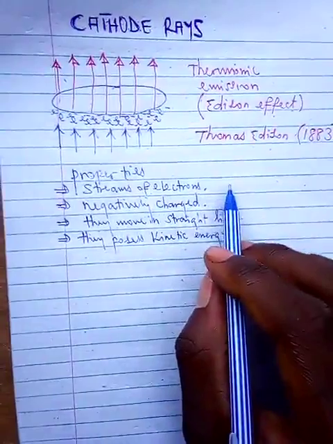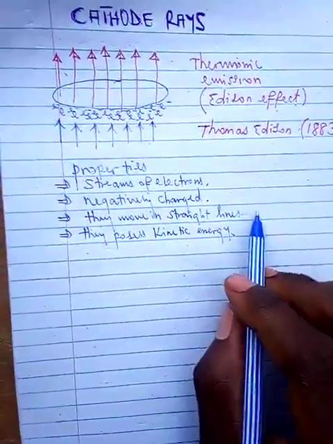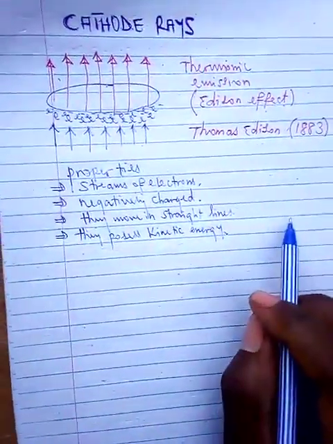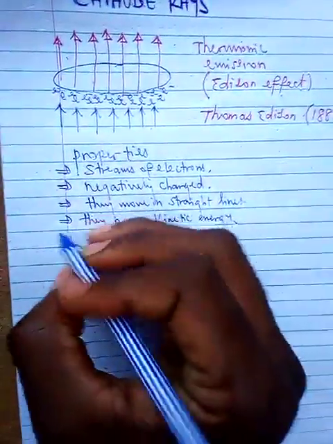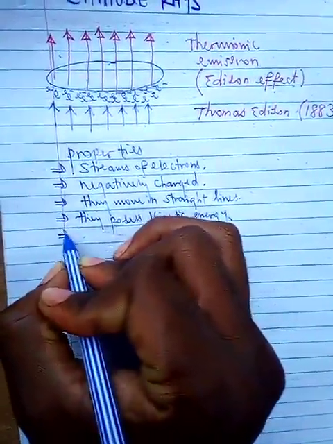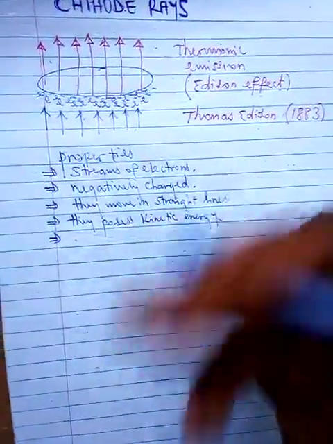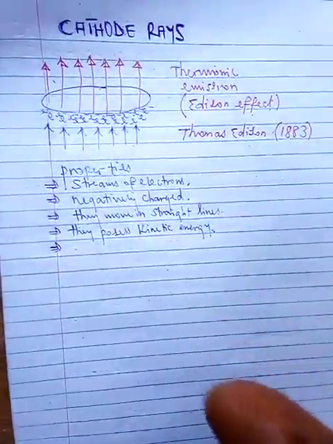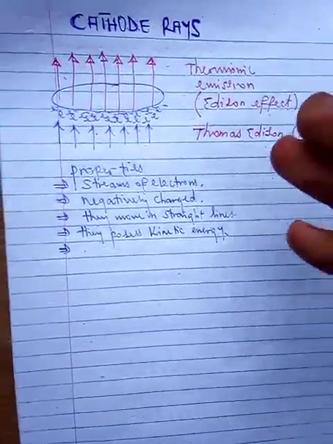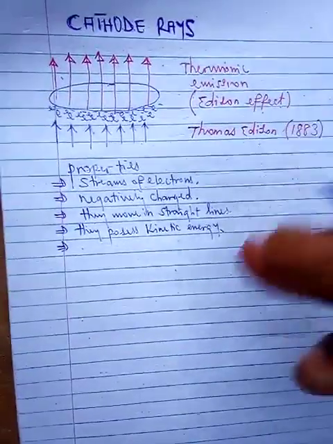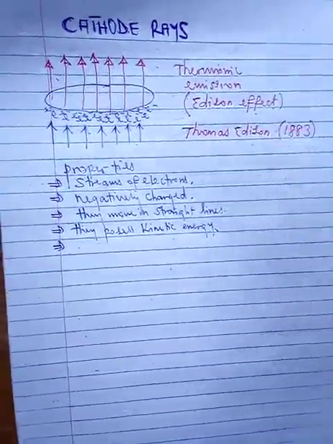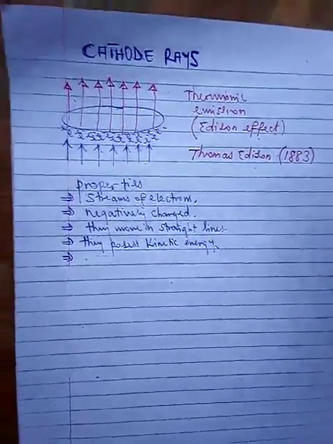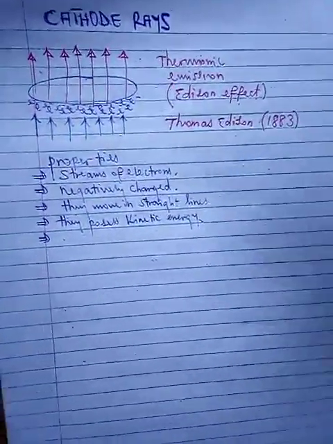So they're streams of electrons. They are negatively charged. They move in straight lines. They possess kinetic energy. The other thing that we can see is this. When we were talking about the cathode ray oscilloscope, we said that anytime these cathode rays, these electrons, are moving into the deflection system, we saw that there were some Y plates and there were some X plates.